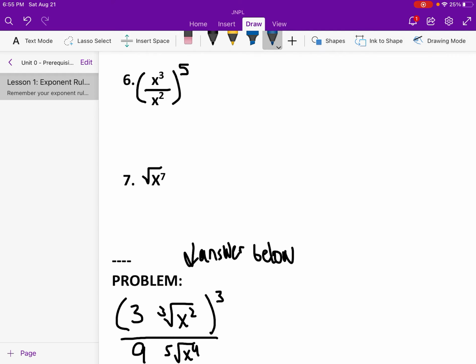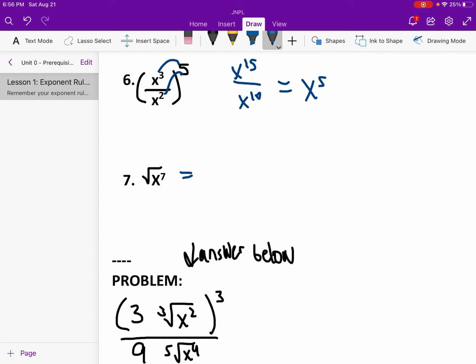Now here, same thing. Distribute: x to the 15th divided by x to the 10th. And you can still simplify this because, remember, since there's the same base, you can subtract the exponents, so x to the 5th, 15 minus 10. Here, we can change it to exponent form.